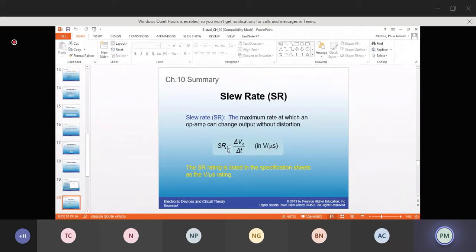The response of your output to changes in input, how fast your circuit detects and responds to changes at your input, is what we refer to as slew rate. So delta V out over delta T is the slew rate. It's important to know this formula as well.